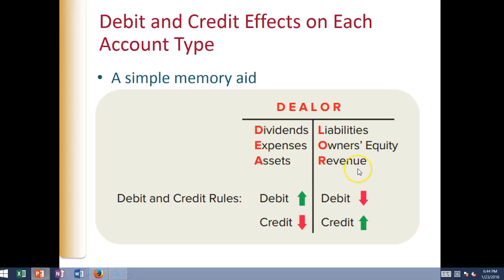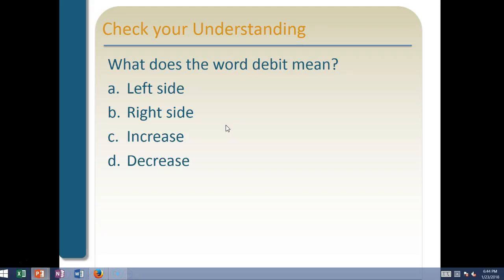Revenues are part of the income statement. Monies, the reason the business is alive, the reason the company is there to bring in revenues. Expenses are the cost to bring in those revenues. And then dividends are giving a piece of the profits back to the shareholders.